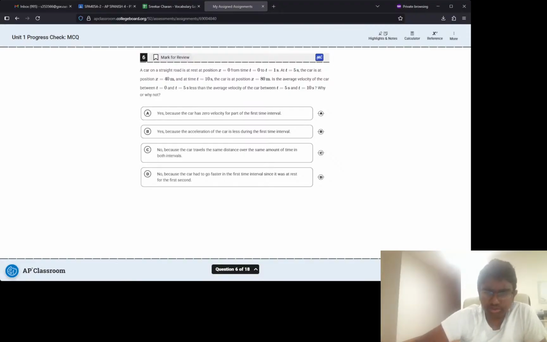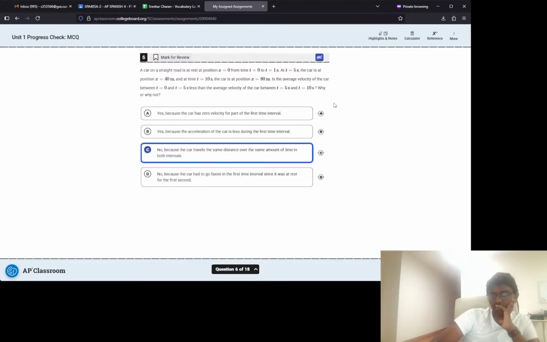No, I think they're equal, so I think the answer we would pick would be no, because the car travels the same distance for the same amount of time in both intervals. This feels kind of trivially true, but okay.